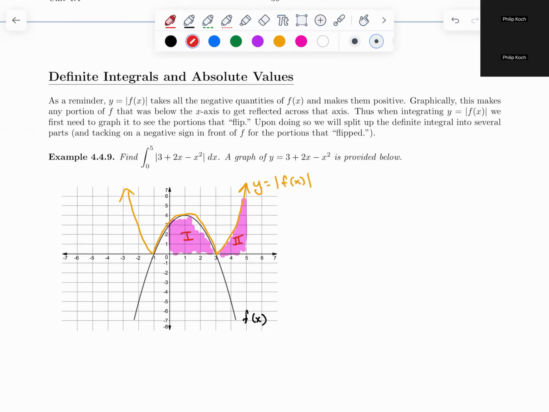However, what if we weren't given the graph? First and foremost, we need to know where it equals 0 so we can find out where the function is positive and where the function is negative.